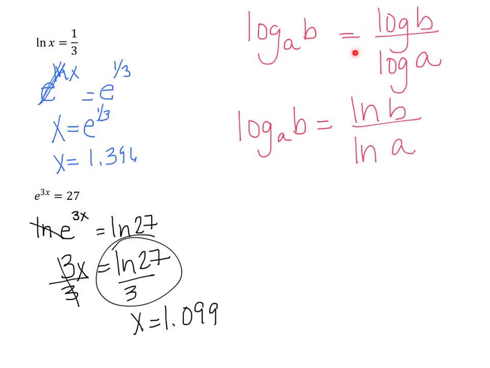This change of base rule works with any base. We could make this log base 3 or log base pi or whatever we wanted it to be. We choose base 10 because we can easily put it into the calculator. For that same reason, we can also use the natural log because, again, it's easier to put into the calculator.